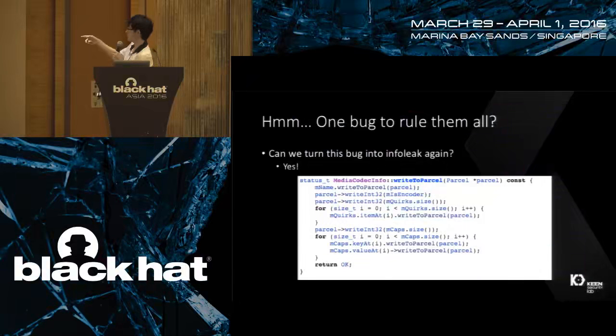So we look at the writeToParcel function. The mName is an AString. It's an AString in the foundation class of the mediaserver. After the AString is written, an int, and a vector named mCrux. All the items of the mCrux will be written, and then an mCapSize, and then all the content of mCaps will be written.